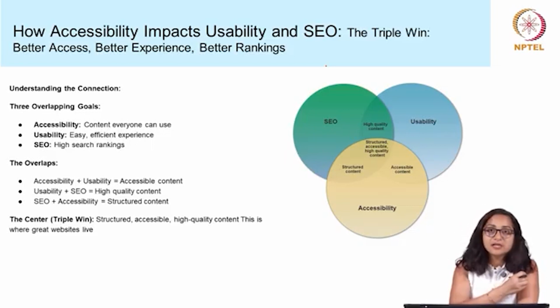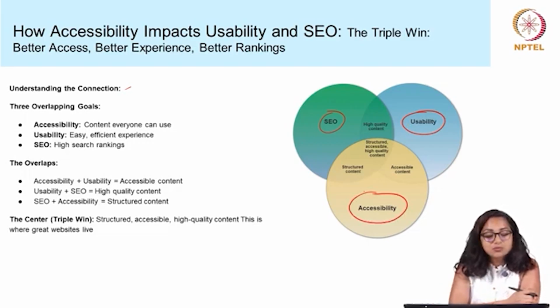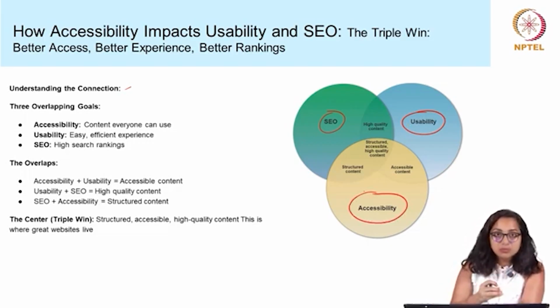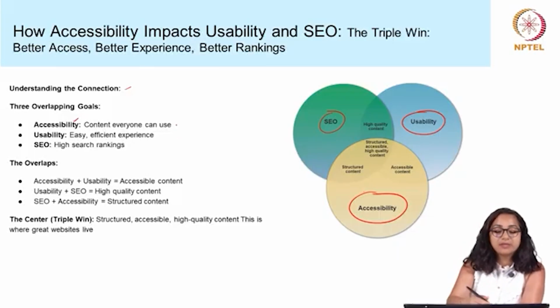So, let us understand the connection between these three: SEO, usability and accessibility. What are the three goals which are overlapping? Accessibility is mainly talking about content being usable by everyone, right?